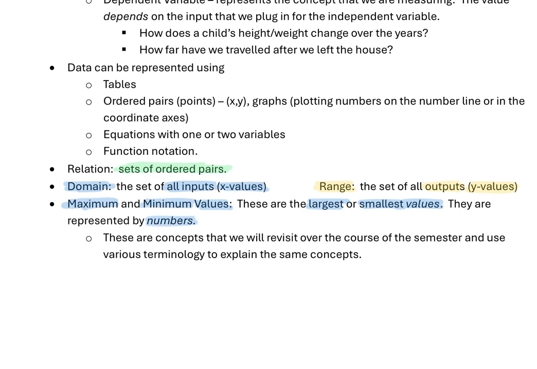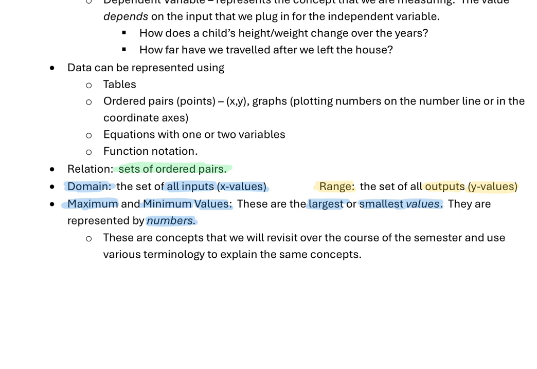They are not points, they are just numbers. The maximum value is 5. These are concepts that we're going to look at over the course of this semester, and we're going to use various terminology to explain the same thing. So just keep in mind that these things are going to come up many times, and we'll see them again.